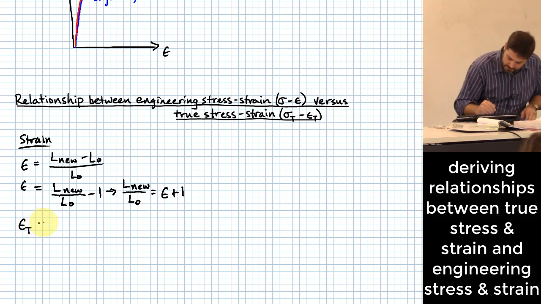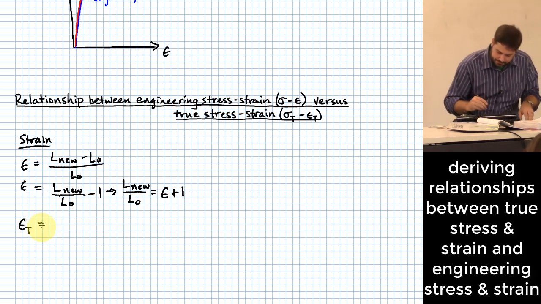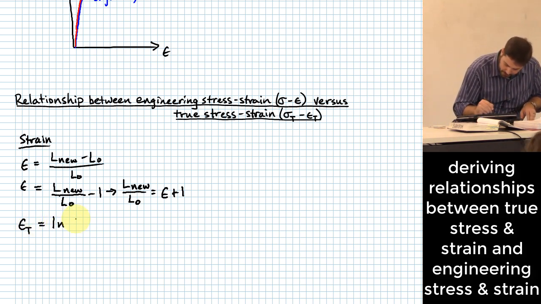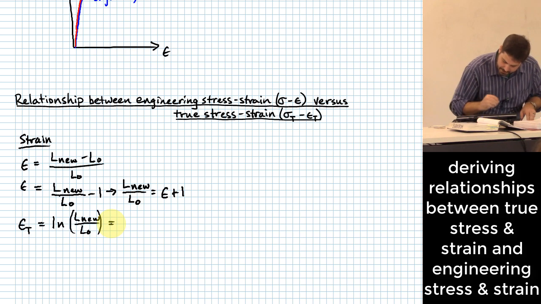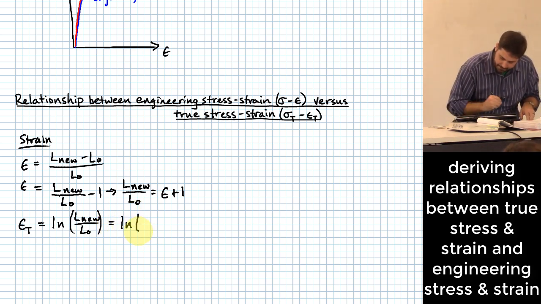This is equal to the log of L new over L0, just like we said a second ago. This is simply going to be equal to the log of what? Engineering strain plus 1.